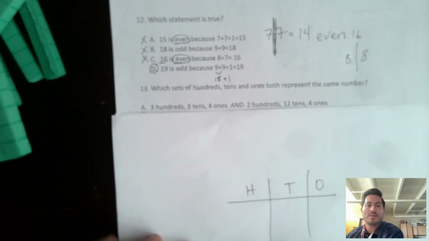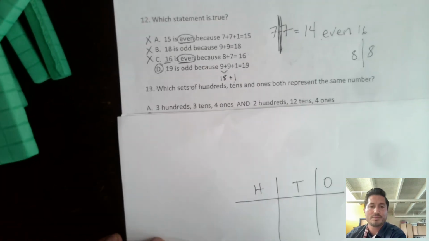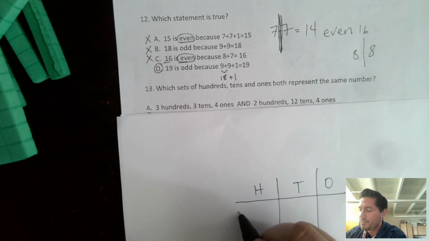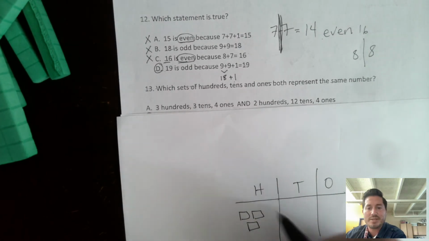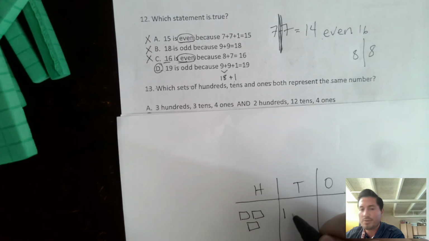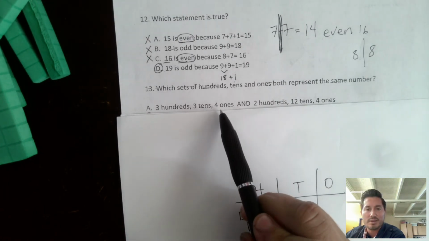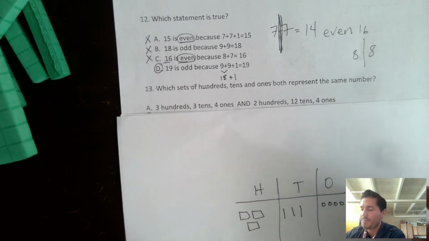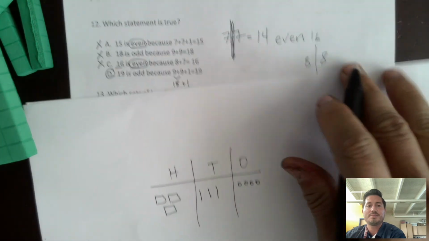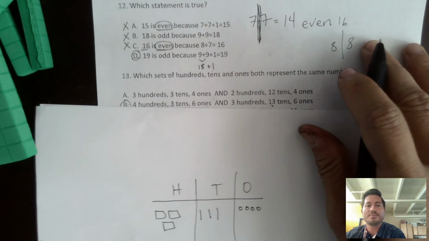So if we look at this one, 300s, 100, 200, 300, 3 tens, 1, 2, 3 tens, and it says 4 ones. 1, 2, 3, 4. And then, that's just the first part.